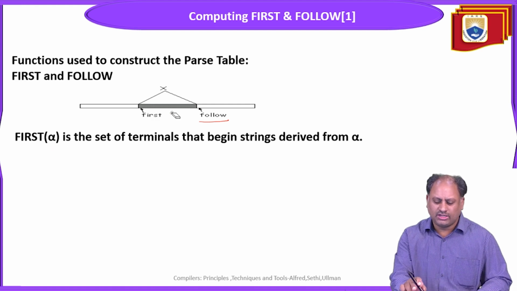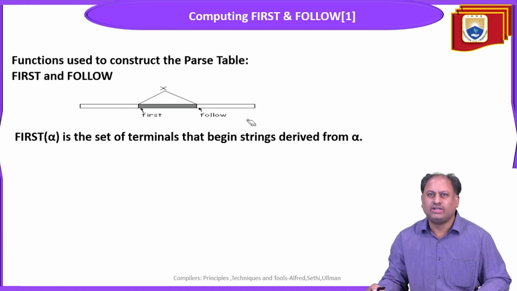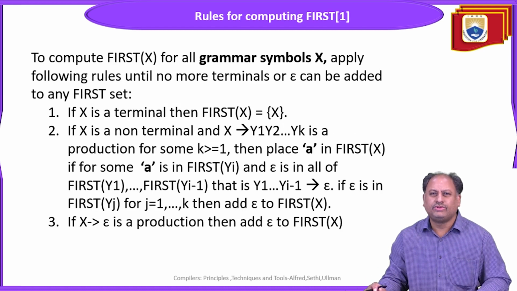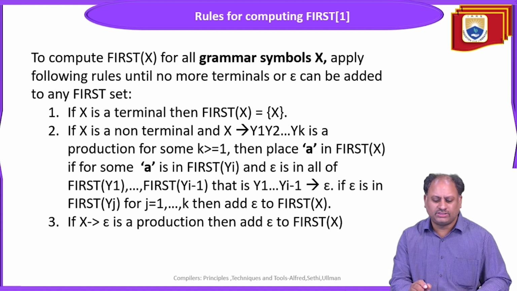Let us see the formulation: how to compute first. We know that the grammar symbols contain some terminals and non-terminals. Here the grammar symbol X is to be applied for the given computation until no more terminals or epsilon can be added to any first set. Here the rules are defined as three rules.